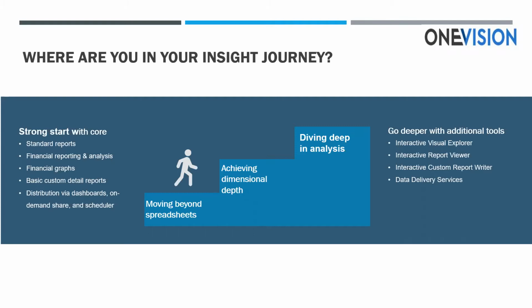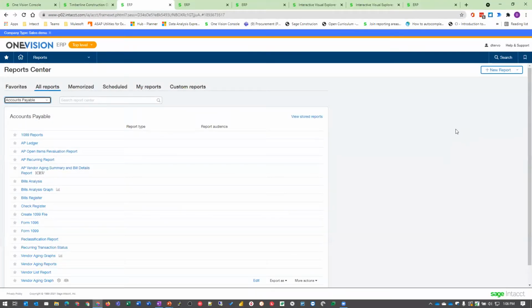The detail reports are more of our transactional reports. Those are the reports that aren't based on financial information, not balance sheet or income statement, but more lists of accounts payable bills and accounts receivable invoices, and these you can't edit.